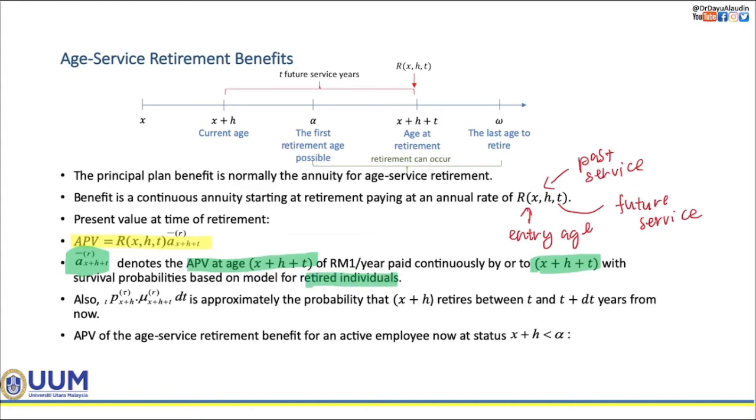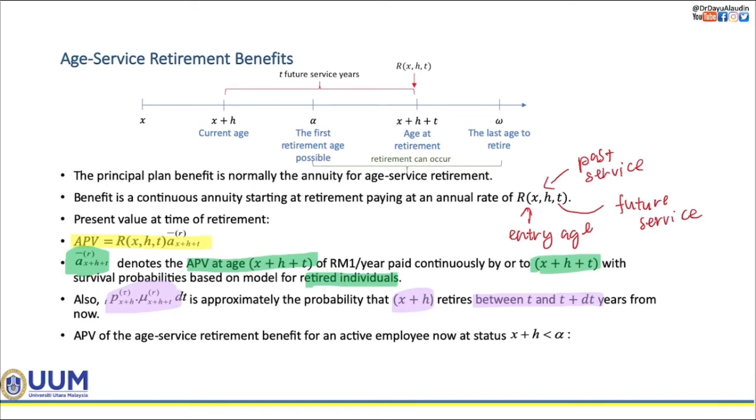And this, TPX plus H tau, MX plus H plus T, R, so R for retirement, is approximately the probability that X plus H retires between T and T plus DT years from now.